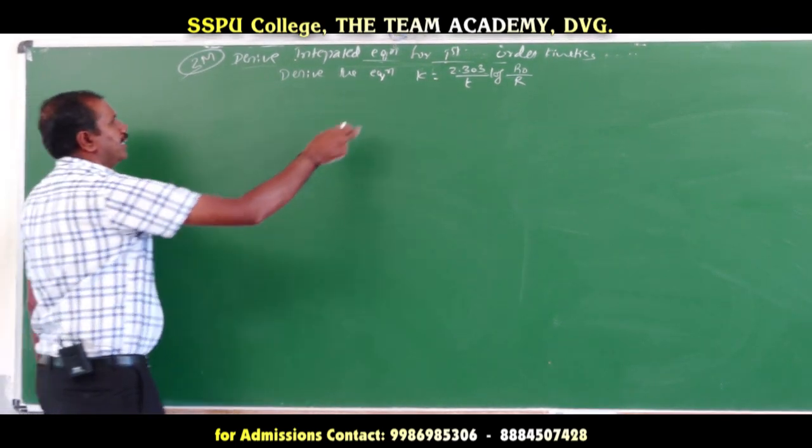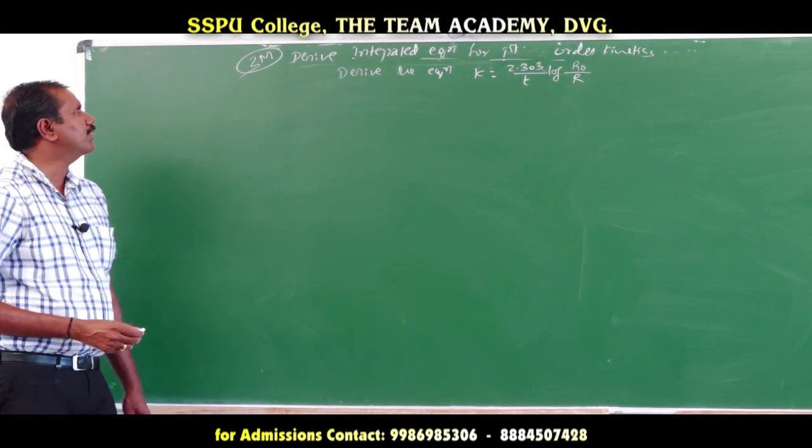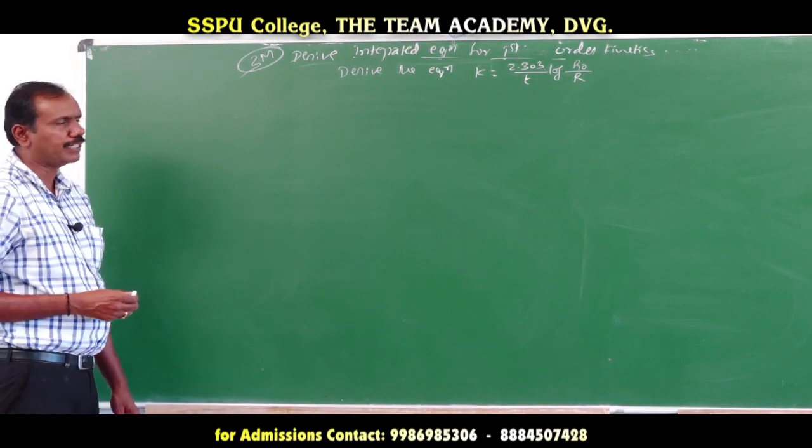We know that k is the rate constant, and t is the time interval. So how to derive that first order kinetic equation? It's most important for examination for 3 marks.